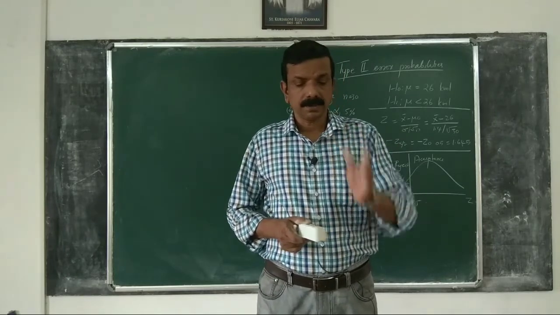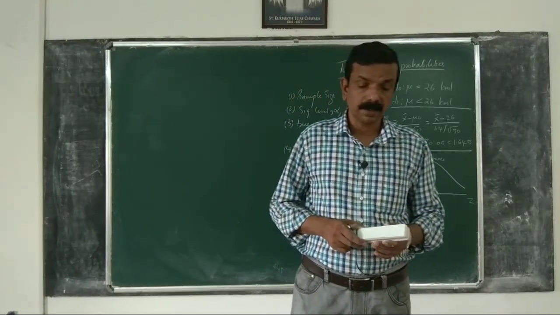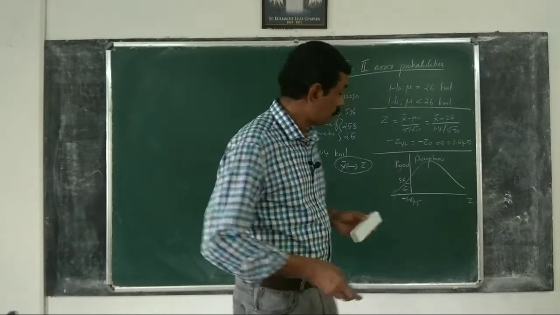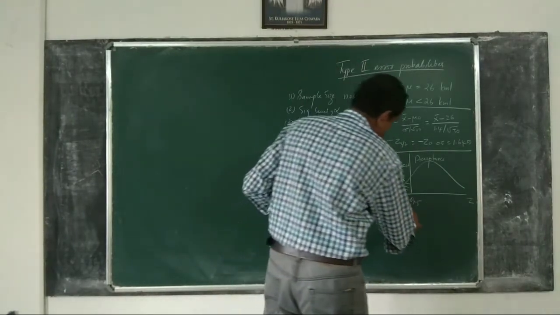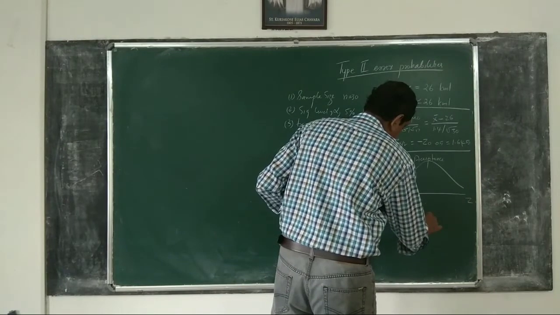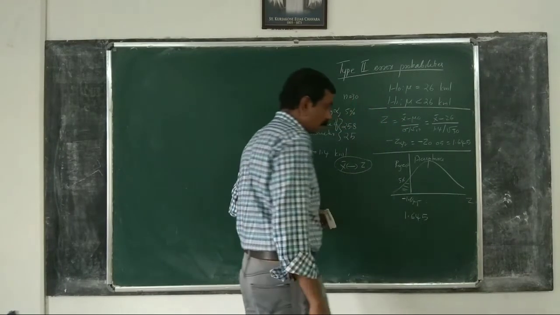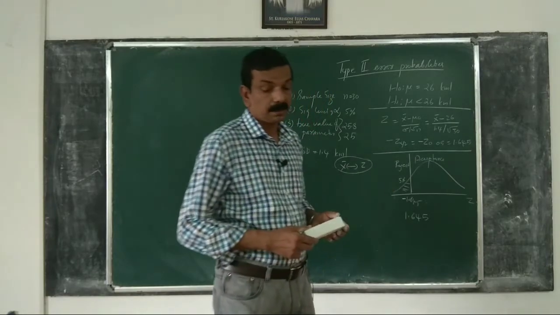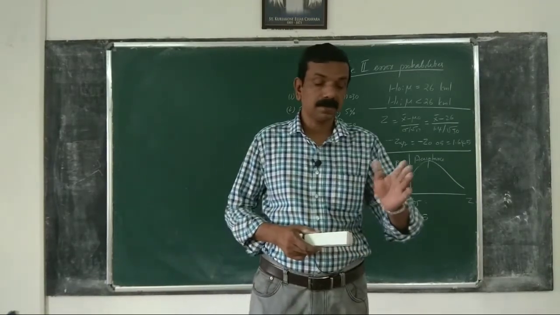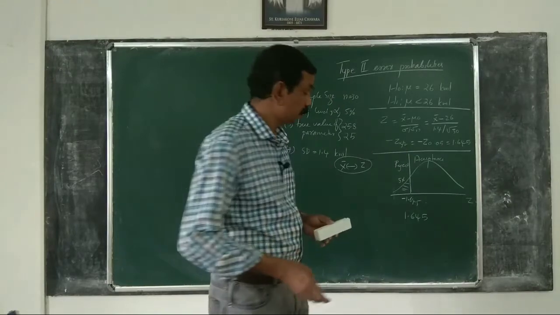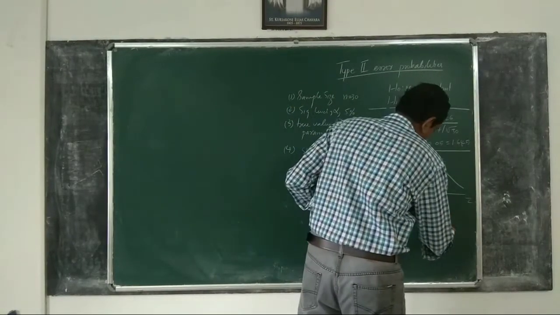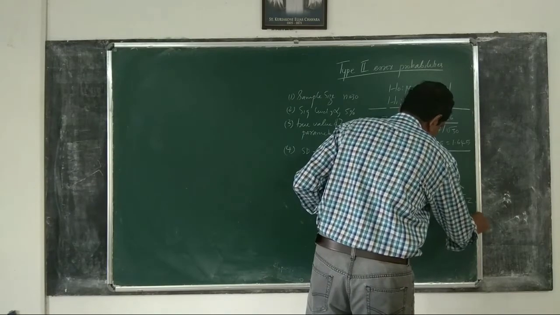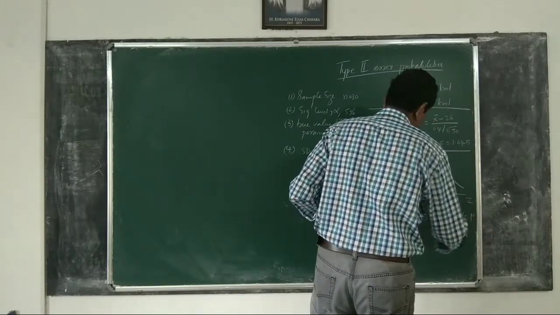So the first step is to find the sample mean, which is 1.645 standard deviations below mu 0, the value hypothesized under the null hypothesis.